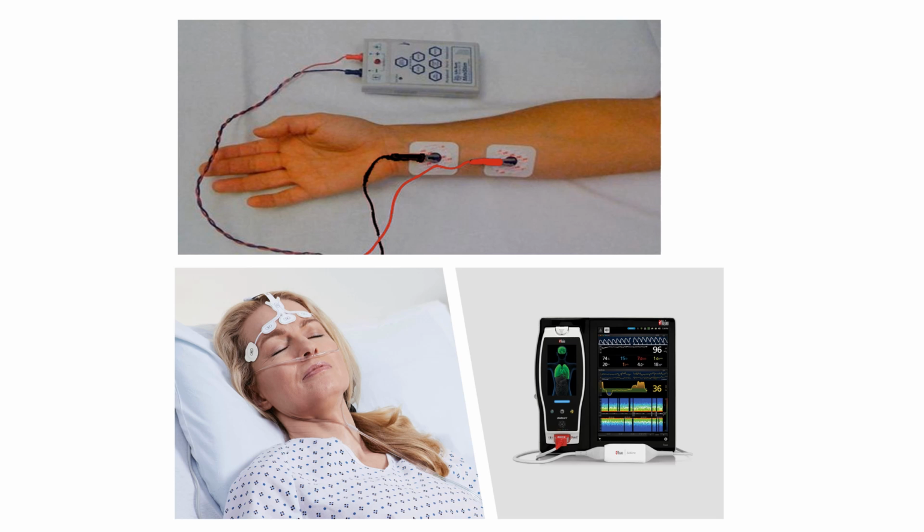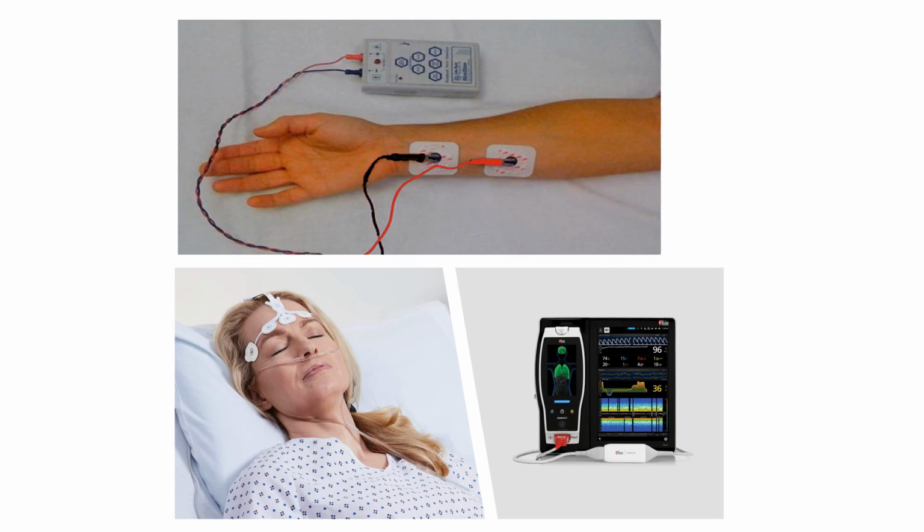It assesses the degree of paralysis by delivering small electrical impulses to the nerve. Nurses use it to make sure the patient is not over paralyzed or under paralyzed. So it helps titrate paralytics safely. TOF stands for train of 4 monitoring.